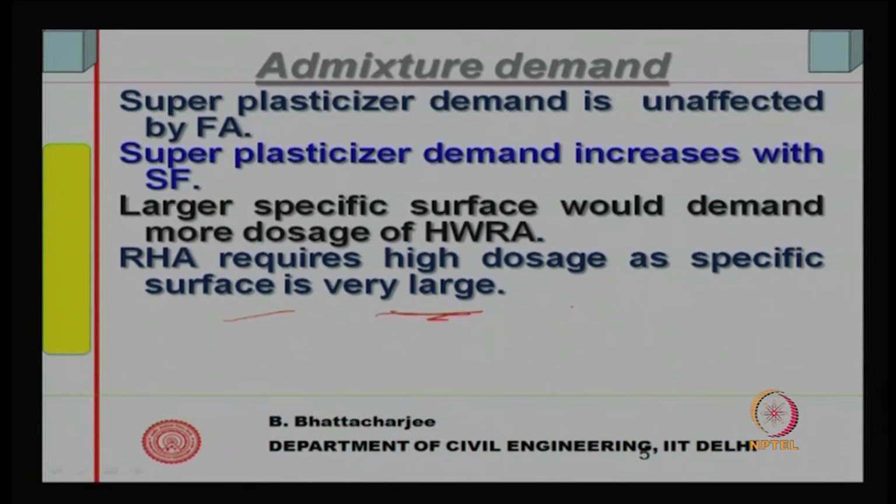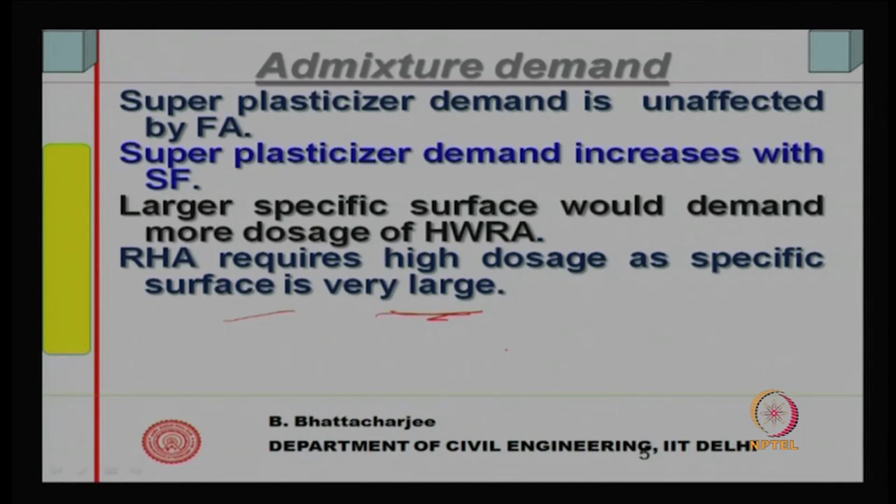That is in fact a deterrent in their use, because if you add too much superplasticizer, the side effects or negative effects of the superplasticizer quite often become apparent. There will be excessive bleeding, and maybe setting is disturbed because it may not set within a reasonable time, so setting characteristics get affected.